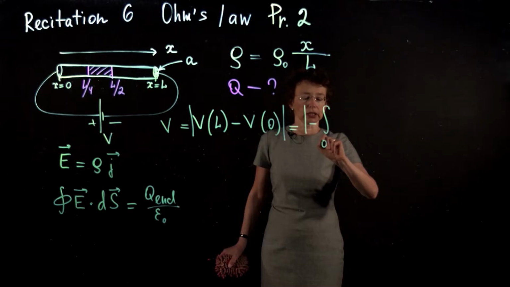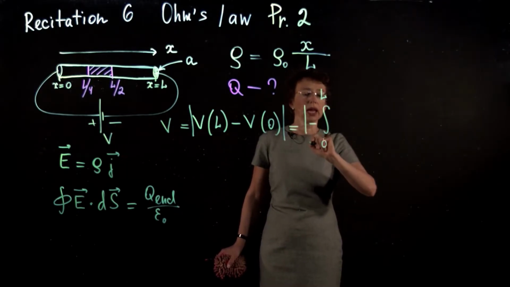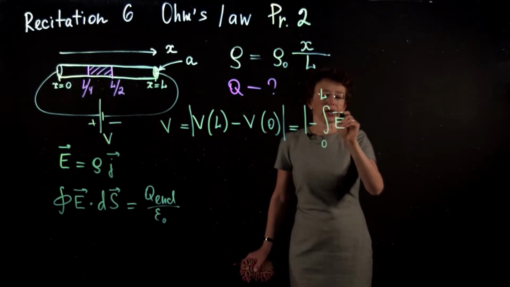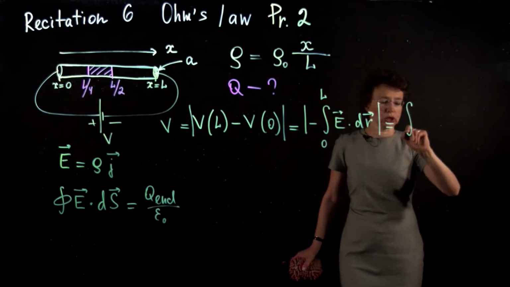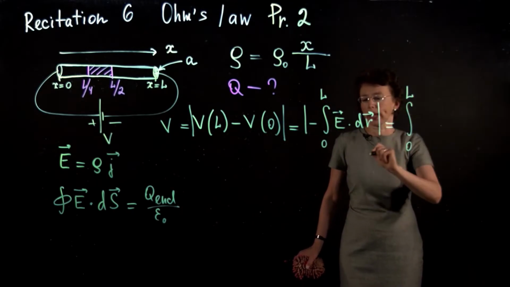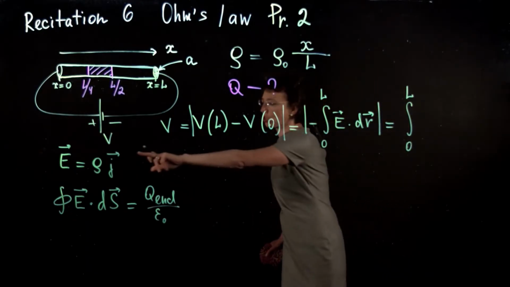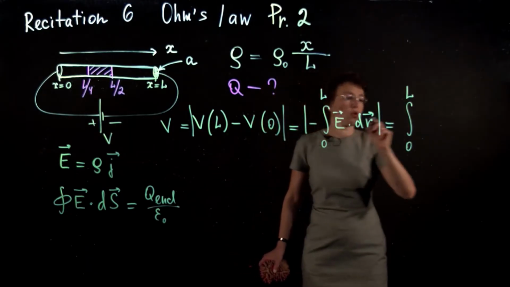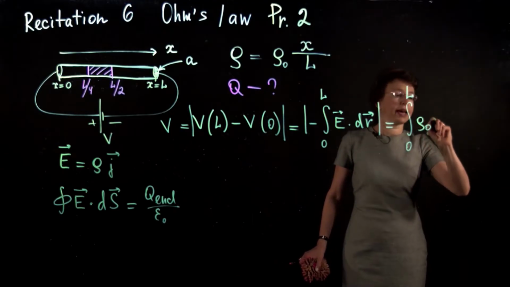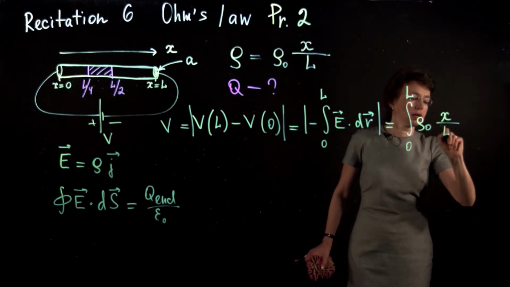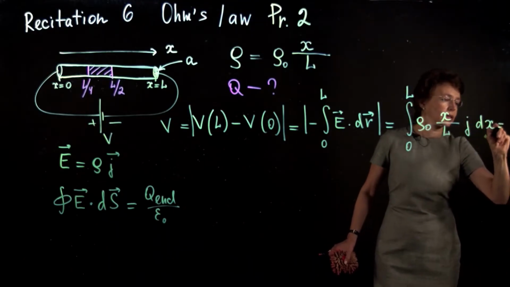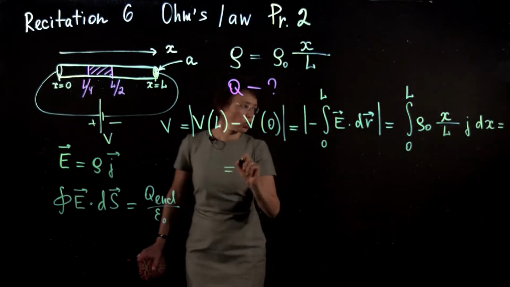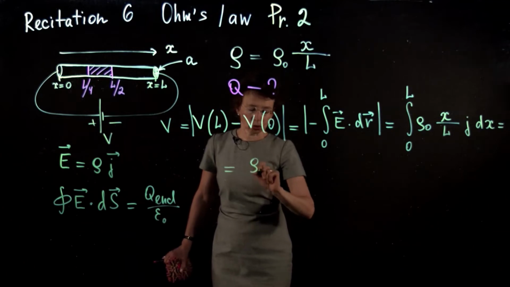It's the integral now from 0 to L of E dot dr, and then this is equal to the integral from 0 to L. Electric field is rho J. Rho is rho naught X over L, and then J dx.